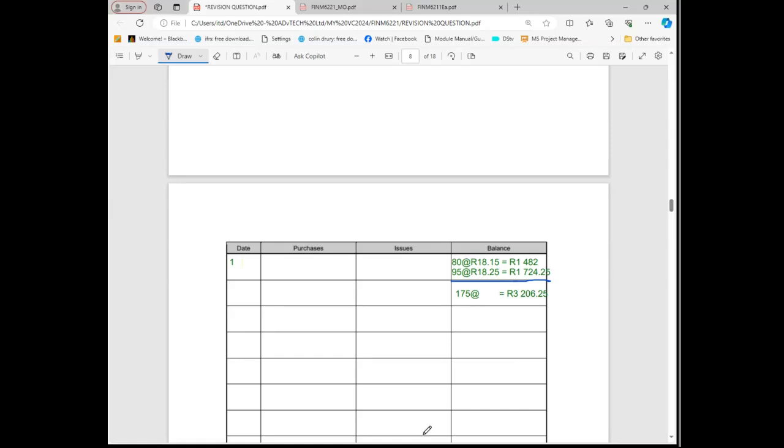Divided by the units, the average price is 18 rand and 32 cents.